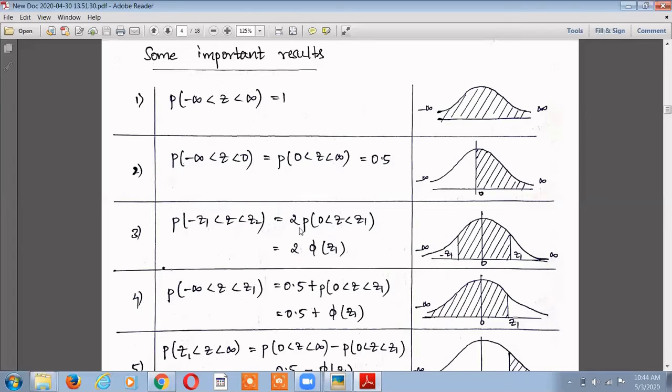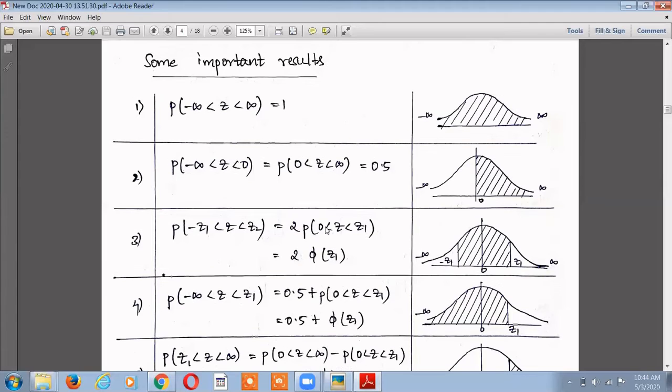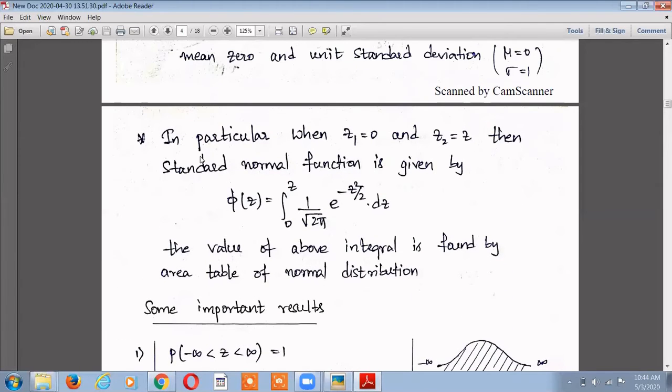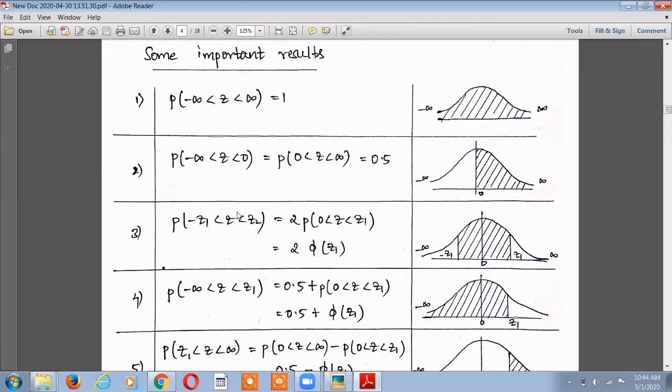So I take it as 2 times P of z between 0 and z1, which gives the area below the curve from 0 to z1. But we know this as note 2. So what does note 2 speak? In particular, if z1 is equal to 0, P of z between 0 and z is given by pi of z. So I write this as 2 times pi of z1. Since we have z1 here, it is pi of z1. Suppose if we have z between 0 and z2, then it will become pi of z2.